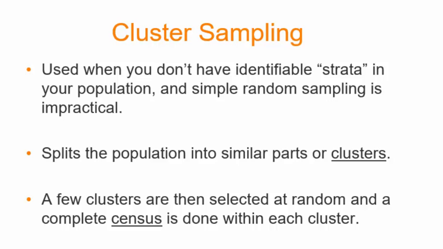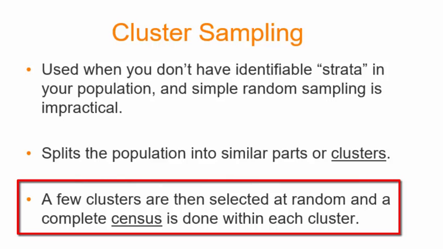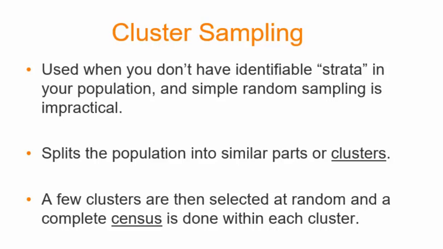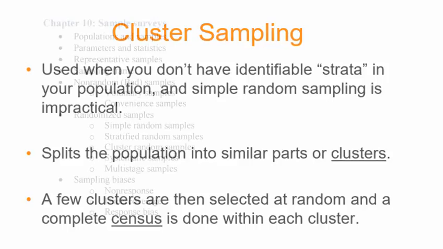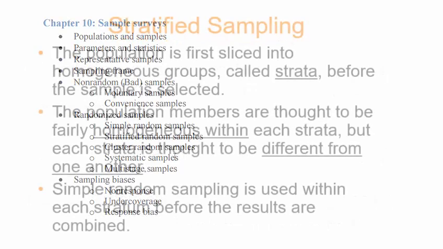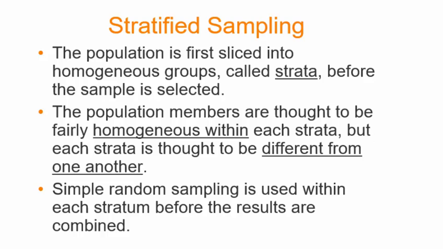So we find a random cluster, and then we sample everything inside that cluster. And of course, we can sample multiple clusters, and we'd find them all randomly. We'd use a random number generator, find that bag of M&Ms at random, and then we would sample everything inside of it.